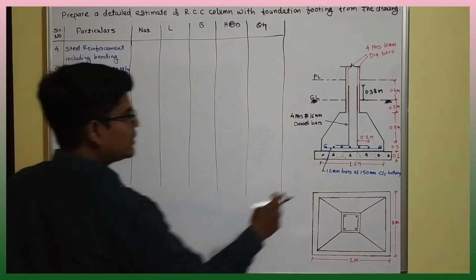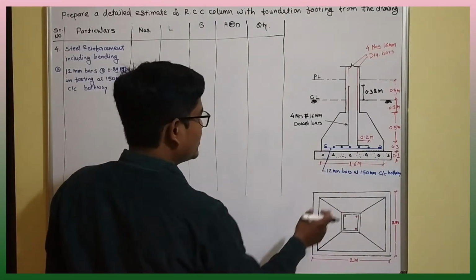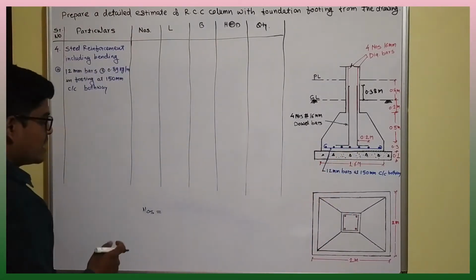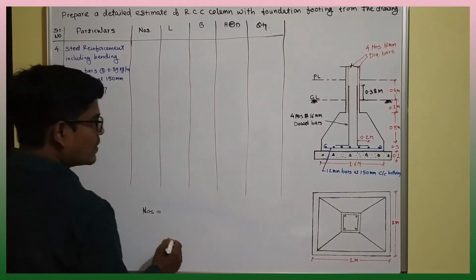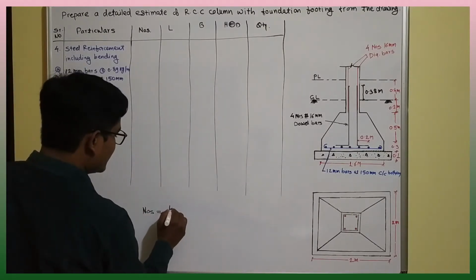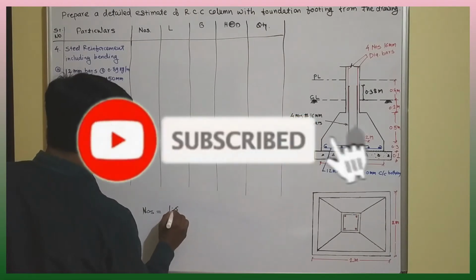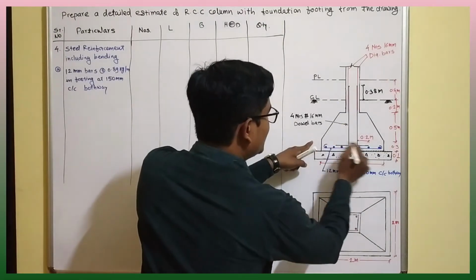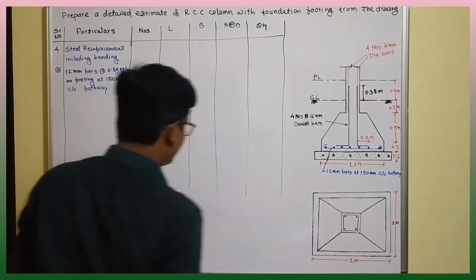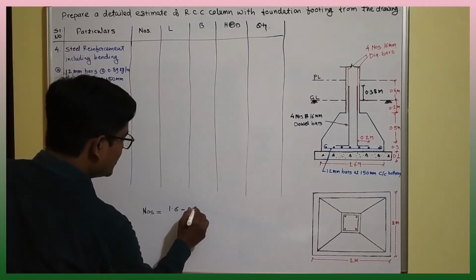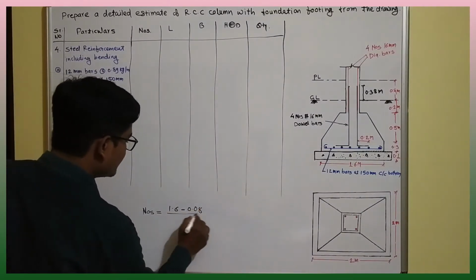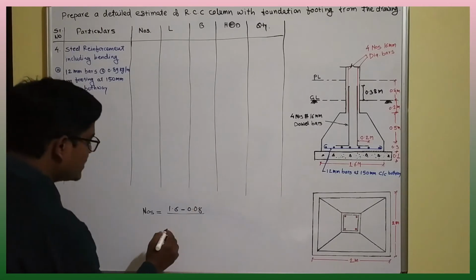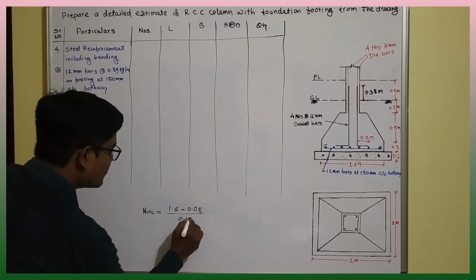Number is equal to the total length in x direction, that is 1.6 meter, minus, we have to deduct the side covers, that is 40 mm on each side, from one side and other side, so 0.08 meter, divided by the spacing of the bars, that is 150 mm, so 0.15.